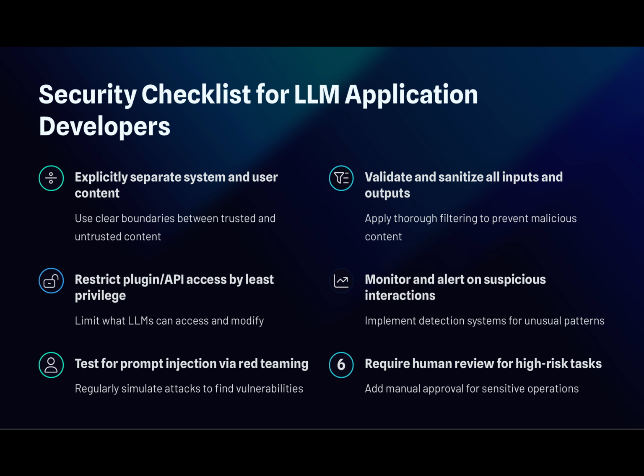Set up alerting systems to flag suspicious patterns, and regularly conduct red team exercises to hunt for vulnerabilities, especially those related to prompt injection. Finally, for high-risk tasks, always require a human in the loop. Manual approval for sensitive actions adds a crucial layer of oversight and helps prevent costly mistakes. Incorporating these measures will go a long way in building secure and trustworthy LLM-powered applications.